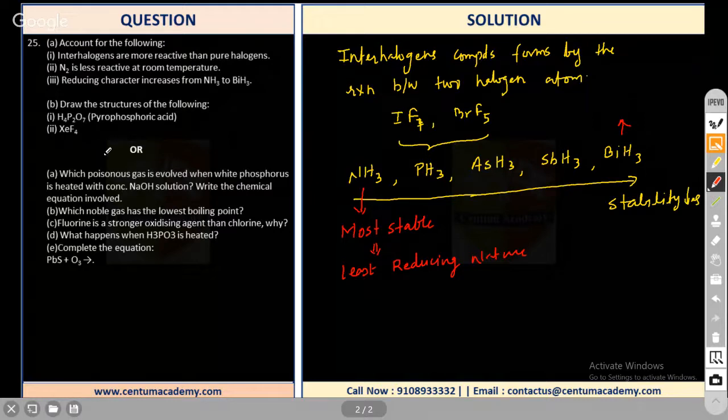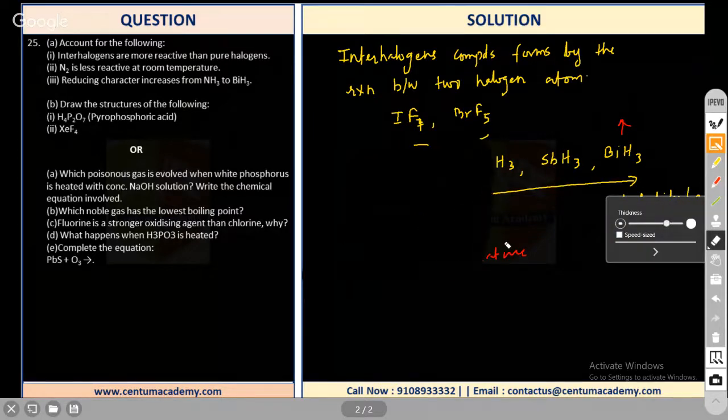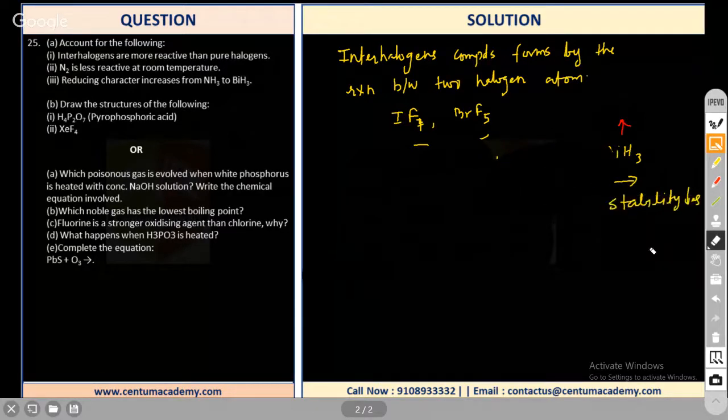How many P=O bonds are present in this molecule? 2. Okay.